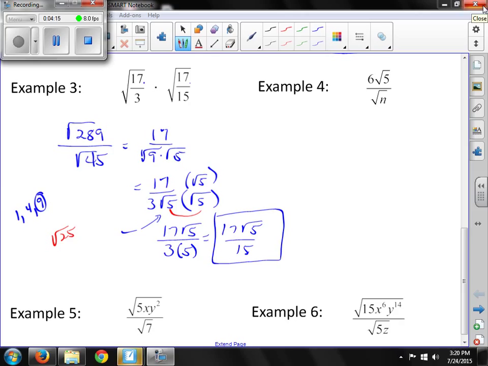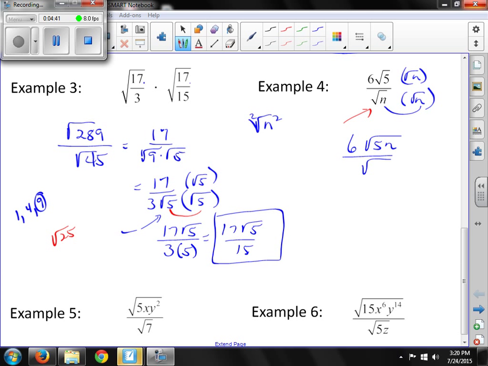Six square roots of 5 over the square root of n. The irrational part here is the square root of n, so I'm going to multiply the numerator by the square root of n and the denominator by the square root of n, so that I have 6 square roots of 5 times n is 5n, and then I have the square root of n times the square root of n is the square root of n squared.